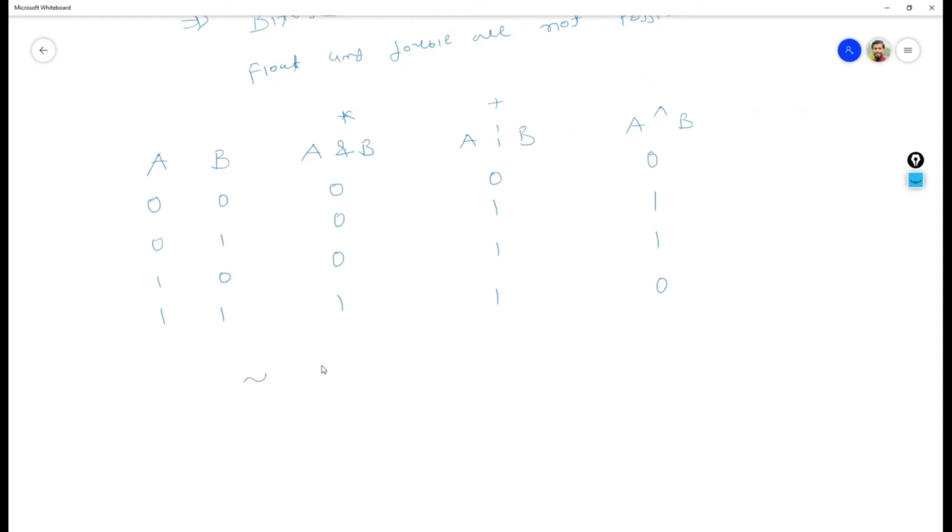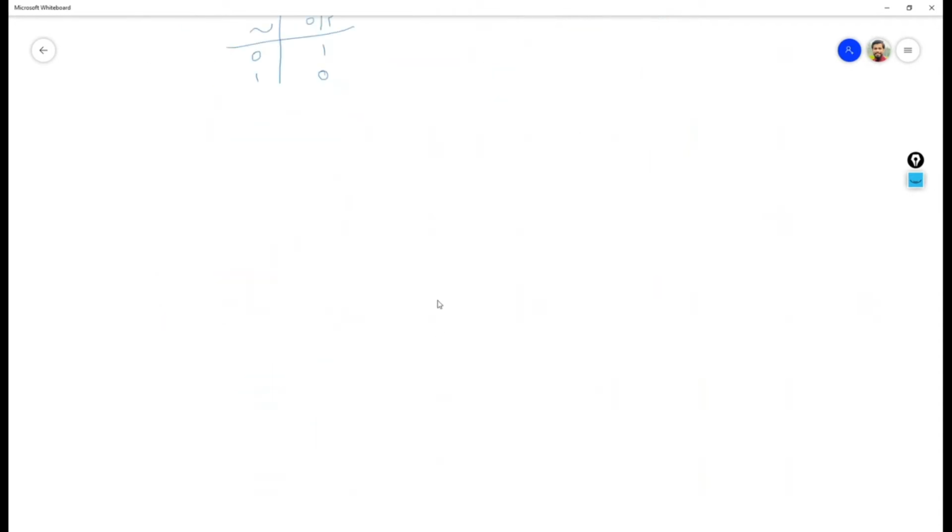Then complement is similar to not, but between not and complement we have some difference. We'll see. Where there is 0 it becomes 1, where there is 1 it becomes 0. Next, bitwise operators perform on the bits. Suppose I write here i is equal to 10 and j is equal to 15.